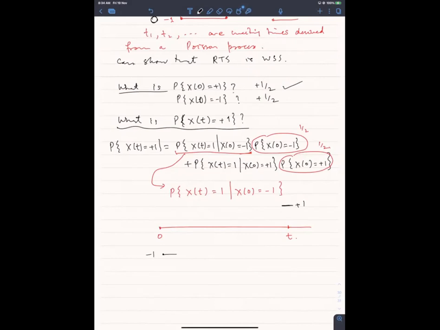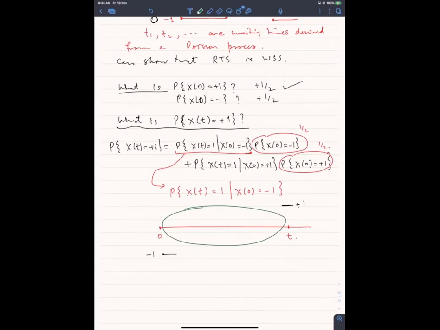इसका मतलब है कि between 0 and t, in this duration आपने एक दफा फ्लिप किया है, राइट? Everyone agrees with that, कि आपने एक दफा फ्लिप किया है या 3 बार फ्लिप किया है. 2 बार फ्लिप नहीं हो सकता, 2 बार फ्लिप करेंगे तो आप वापस -1 पे आ जाएंगे.